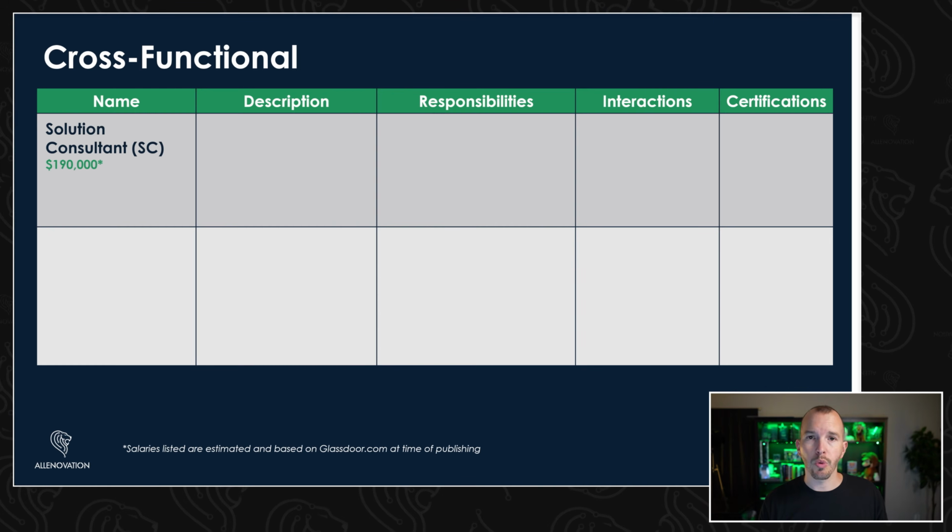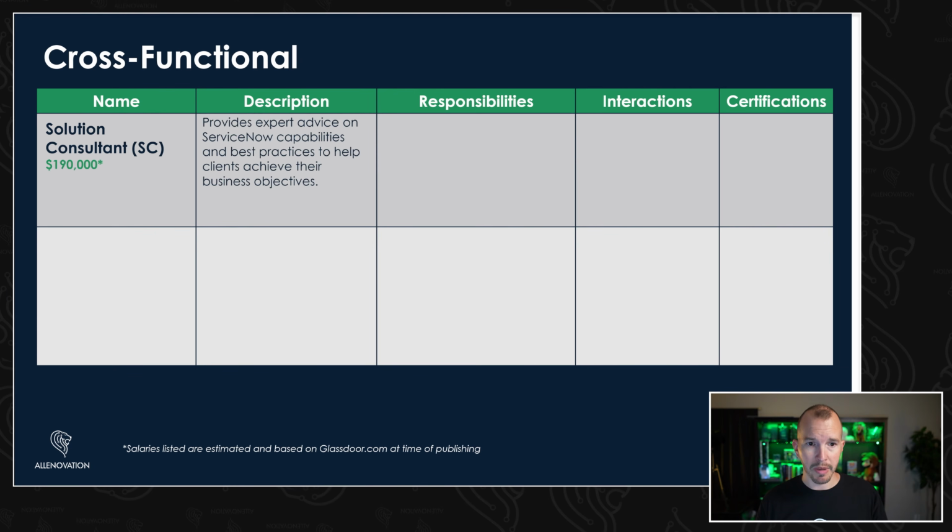And so the first role here is your solution consultant. Now, I do want to add a disclaimer that you may see this tagged as a solution architect. That's another common name for it. This is going to be somebody that provides expert advice on ServiceNow capabilities and best practices to help them achieve their business objectives.